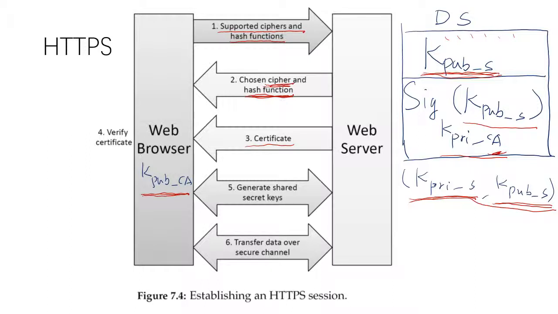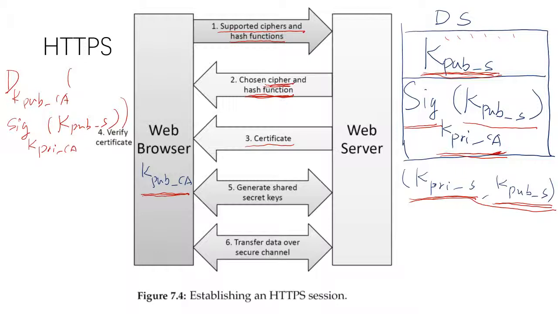Since the digital certificate includes the digital signature that is encrypted or signed by the private key of the CA, the web browser is going to decrypt this digital signature using the public key of the CA, and put the signature information here, private key of the CA and KPubS.